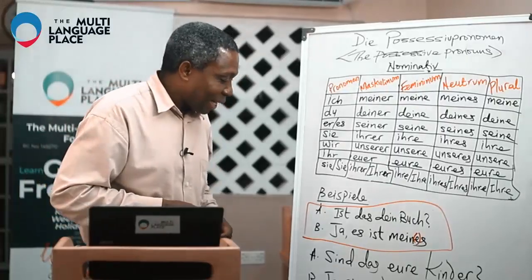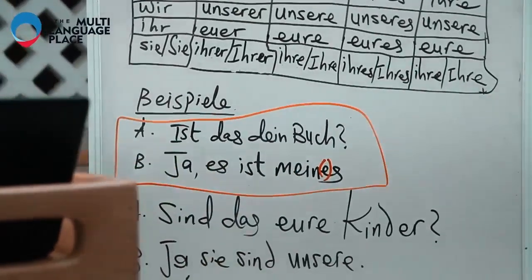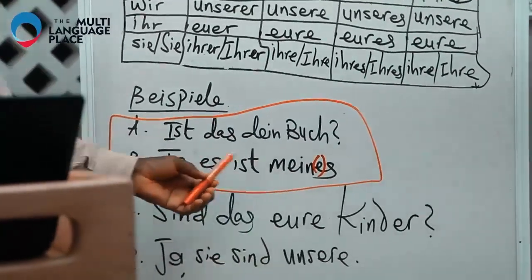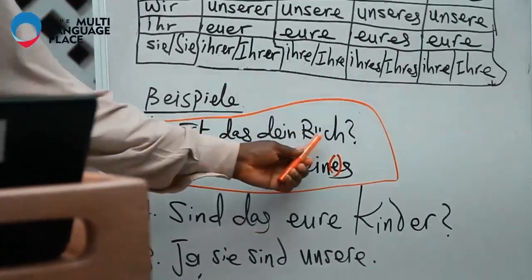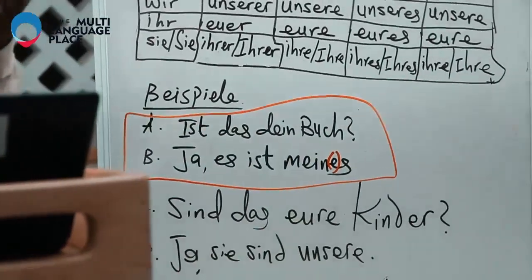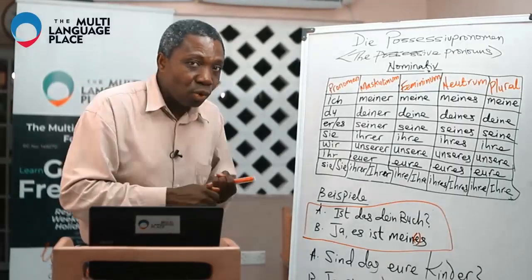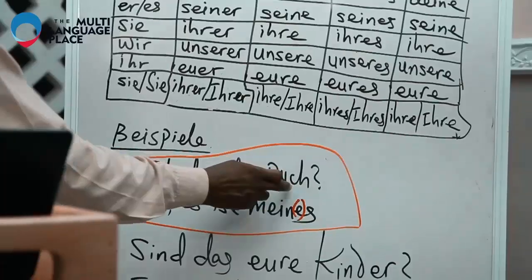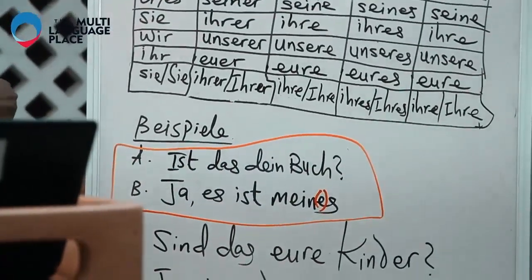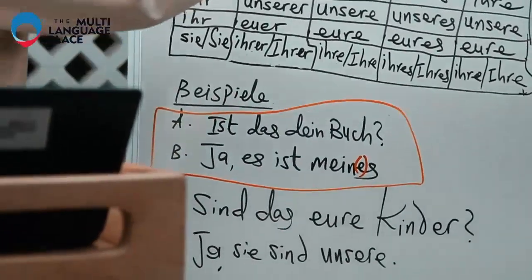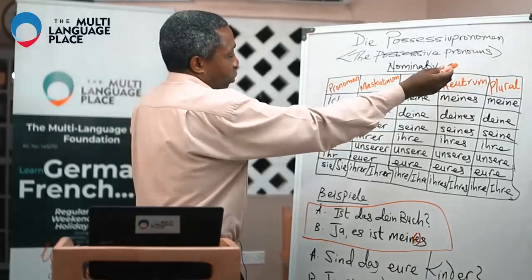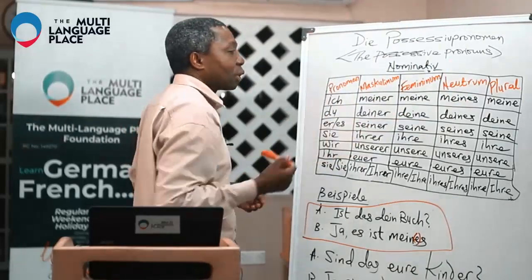But how is this one selected? It is selected because we are talking about Buch. Buch is neuter, and that book is singular. So we go to neuter, singular. You see, here we have neuter, and of course the singular here.